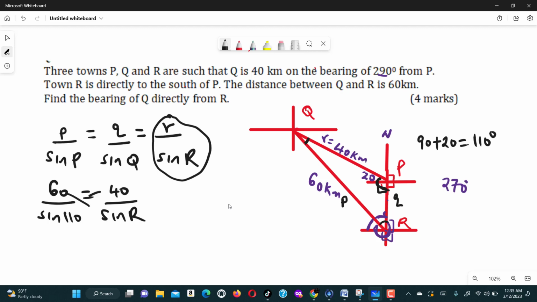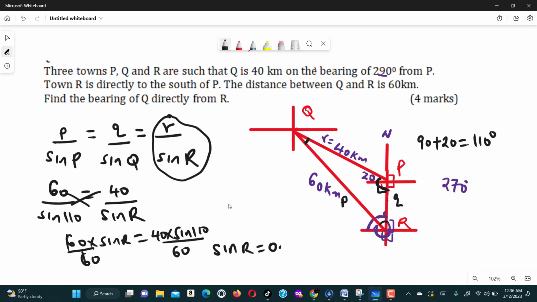So doing the cross multiplication, this will be 60 multiplied by sine R is equivalent to 40 multiplied by the sine of 110. Dividing both sides by 60, we get the sine of R equals to, using the scientific calculator, the answer will be 0.6265.